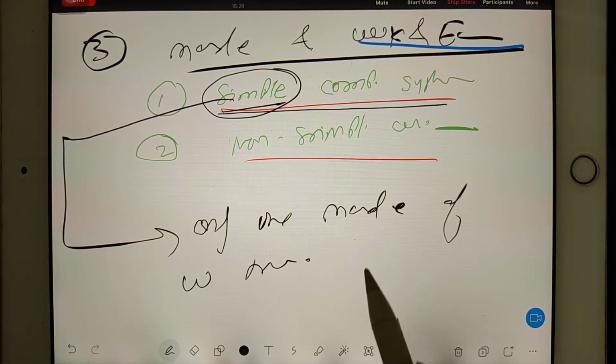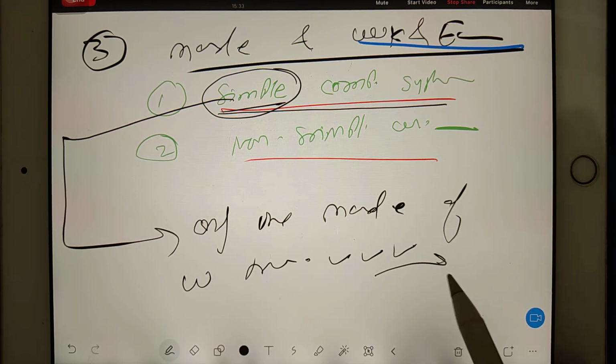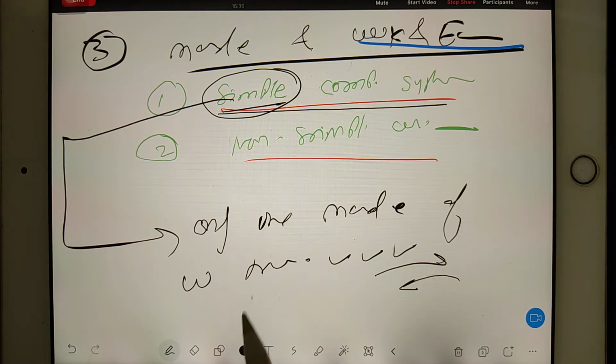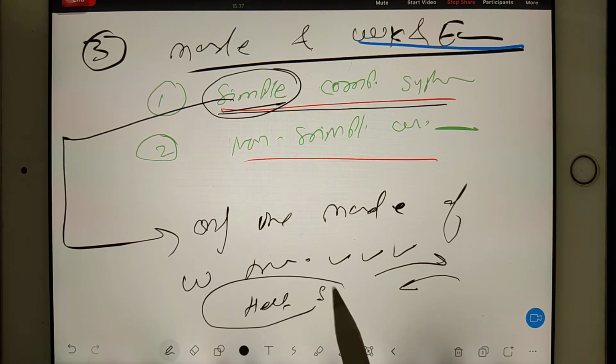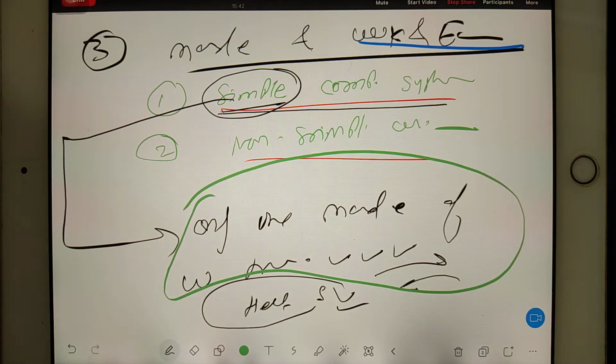Only one type of work we allow into the system or out of the system. But of course, heat transfer is separate. Heat transfer is also allowed.